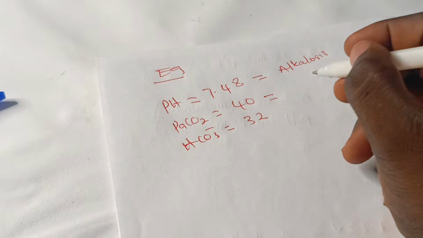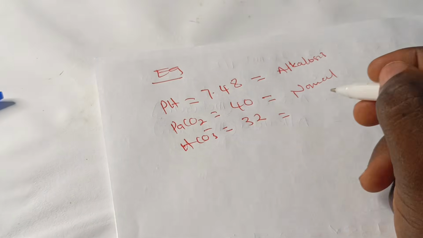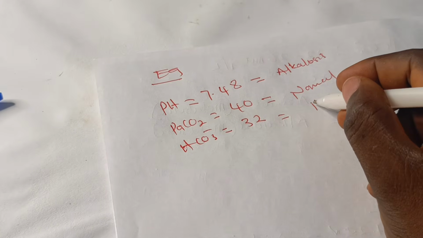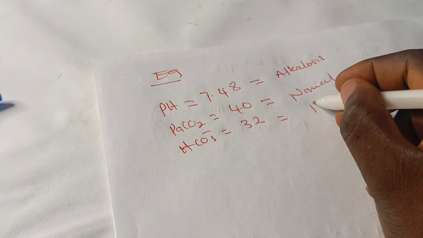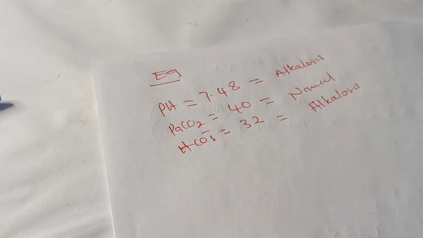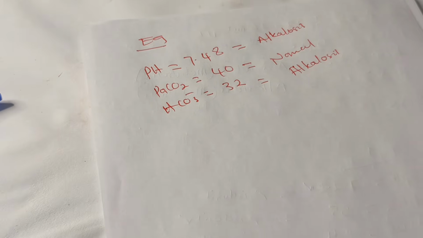Yep, it's a normal value. This one too, is it normal value? No, it is high. So because it's high, it will be what? Alkalosis. Because higher base level is alkalosis, right?